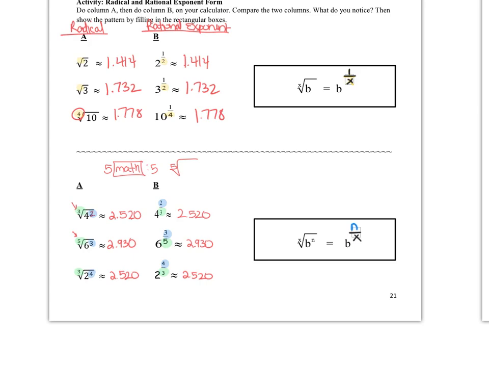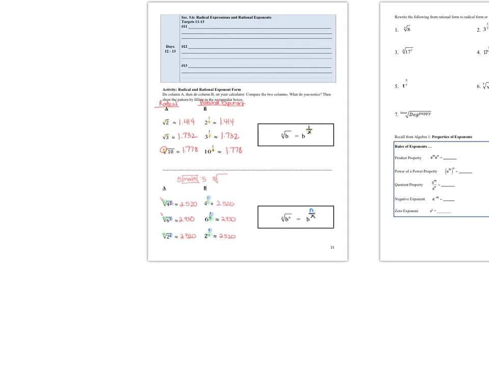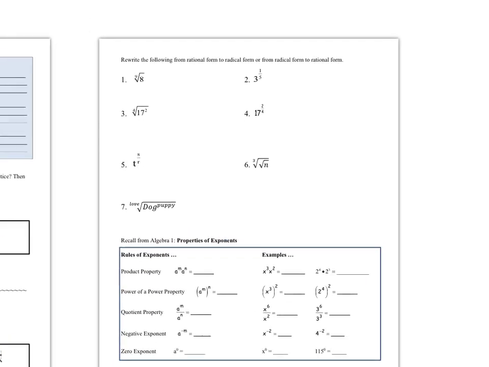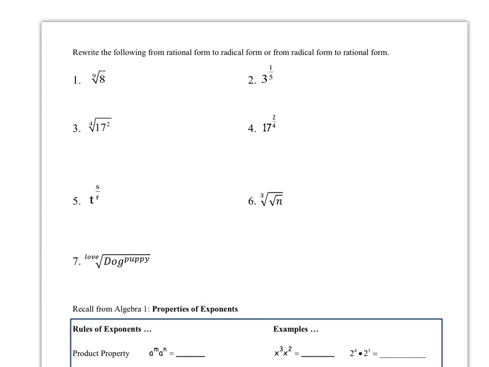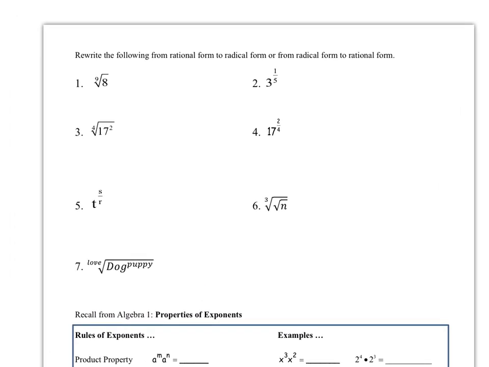Go ahead and flip over to the other side of this, which is right here. And we're just going to look at 1 through 6, okay? So it says rewrite the following from rational form to radical form, or from radical to rational.